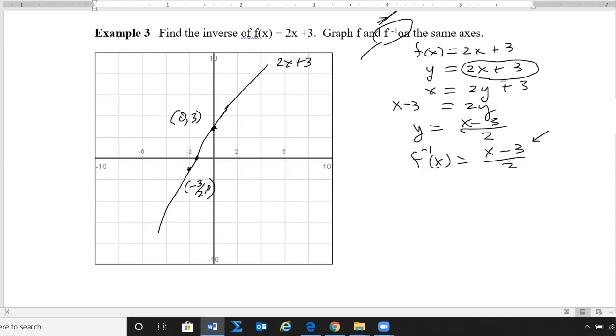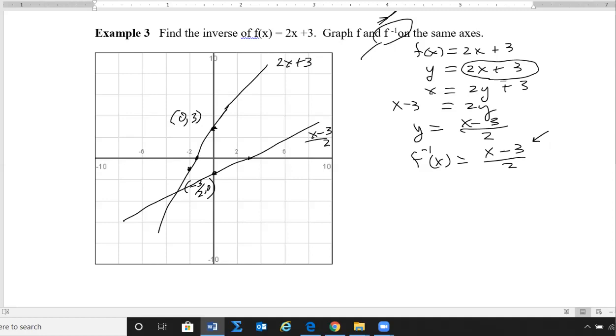So if I take these two pairs, here's 3, 0, and 0, negative 3/2 would be about here. And I connect those, you'll see a graph of the inverse. Okay, so there they are.